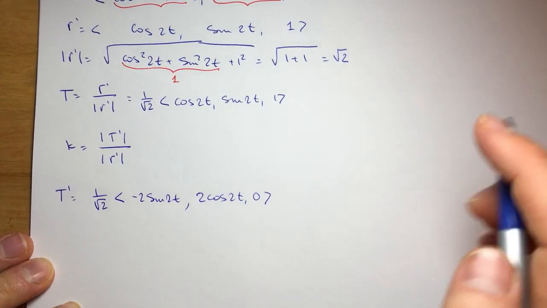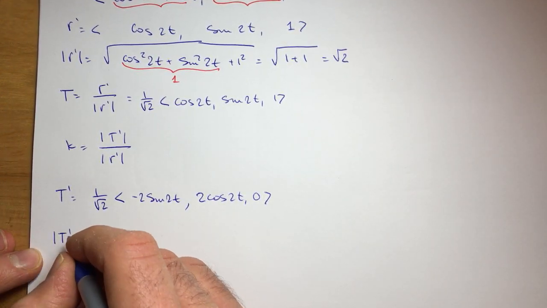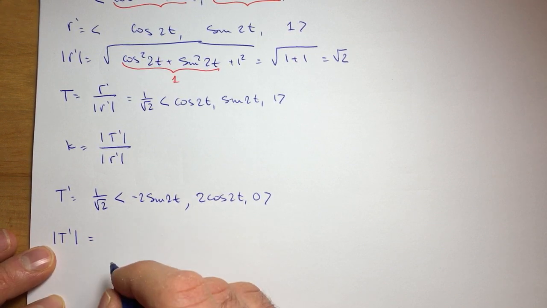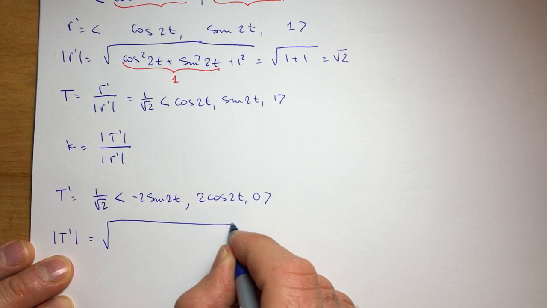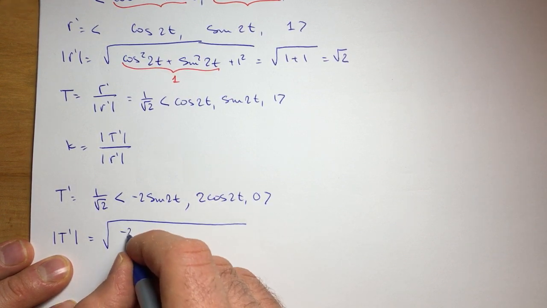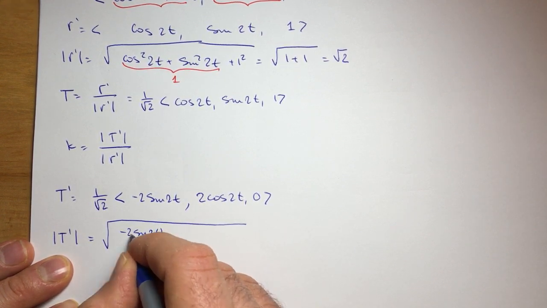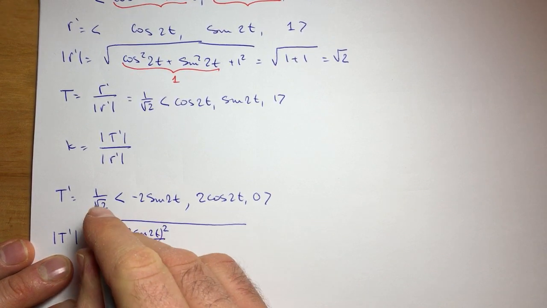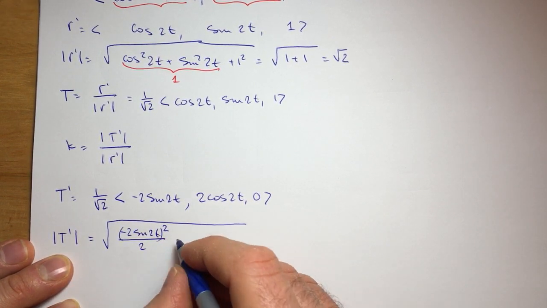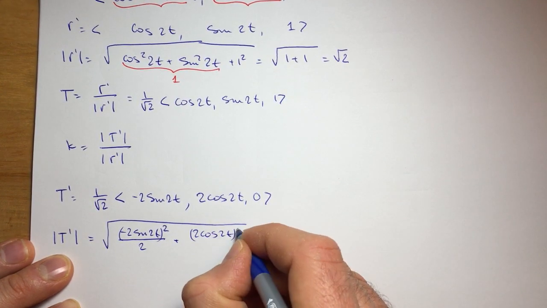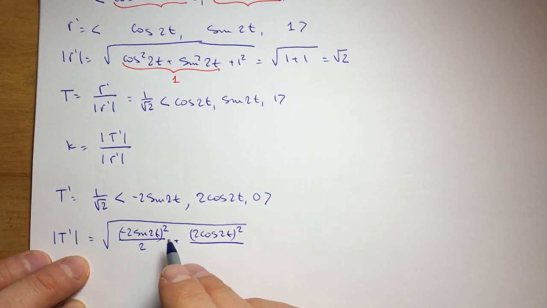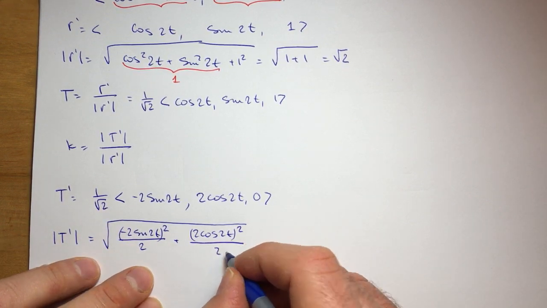Okay, and now let's find the magnitude of this vector. The magnitude of T prime is equal to the square root of negative 2 sine of 2t squared over square root of 2 squared, which is 2, plus 2 times cosine of 2t squared over square root of 2 squared, which is 2.